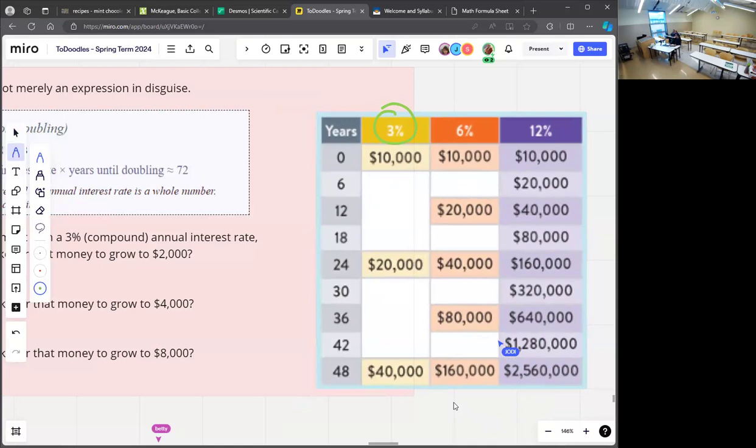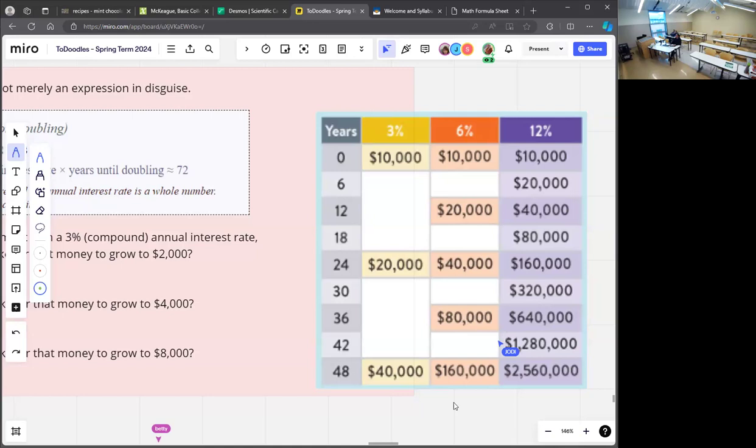Good luck getting a bank account with 3% interest. Or maybe a certain stock goes up 6% every year. Good luck with that, that's hard to find also. Or 12%, if you're really amazing, you could find something that has a 12% change each year. Good luck with that too.